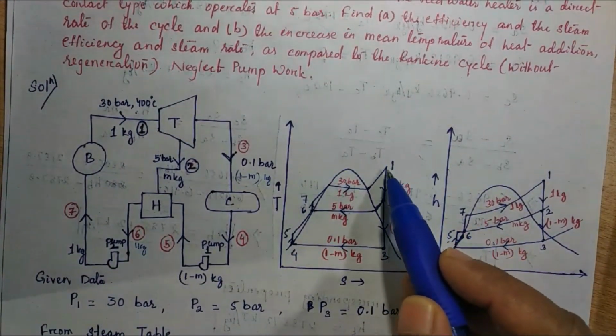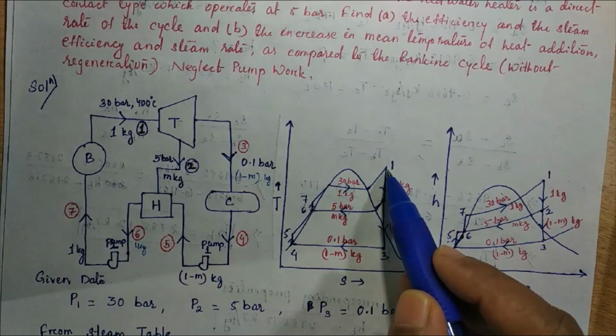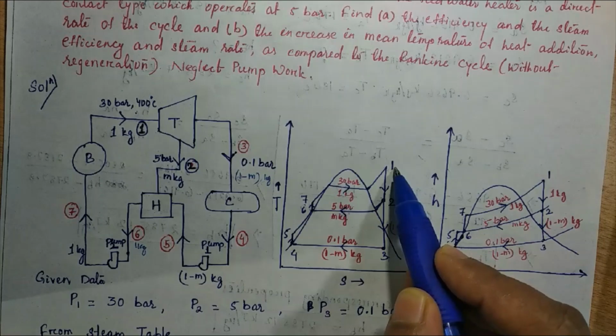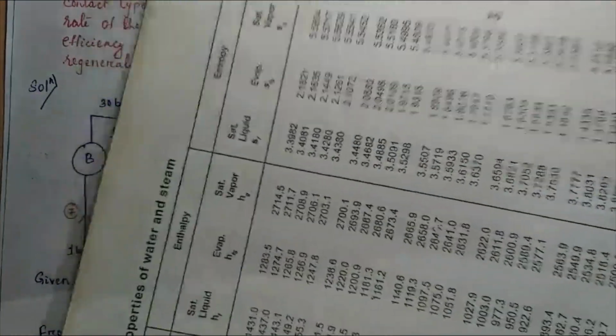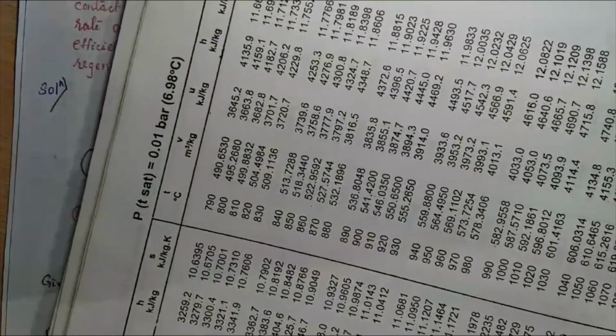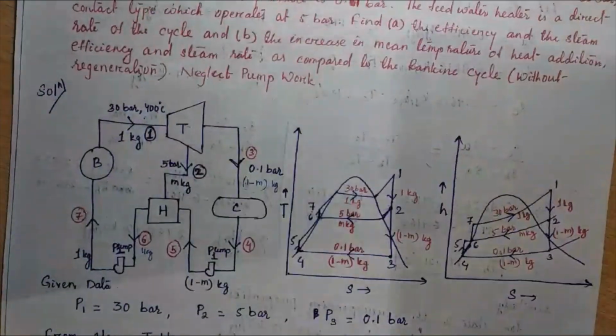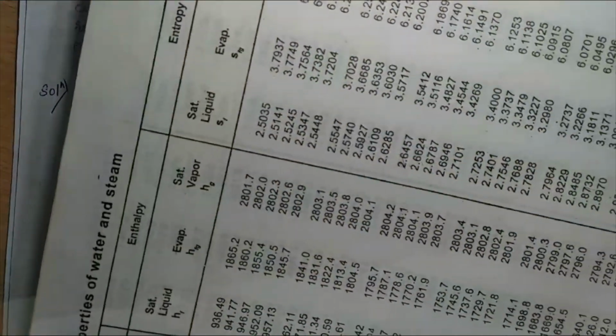I assume state 1 to be saturated. If this is saturated, then its corresponding temperature I take from the steam table at 30 bar pressure. So where is it? That is here.